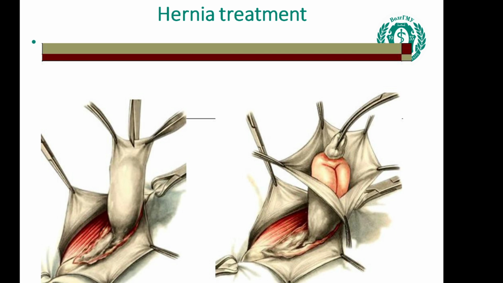Step by step. You can see the hernial sac. The surgeon cuts the wall of the sac, finds the intestinal loop within the sac, assesses its condition, and then returns the loop back to the abdominal cavity.